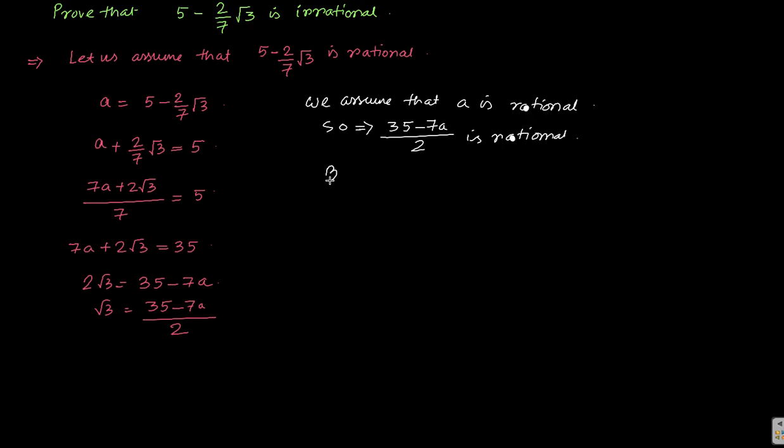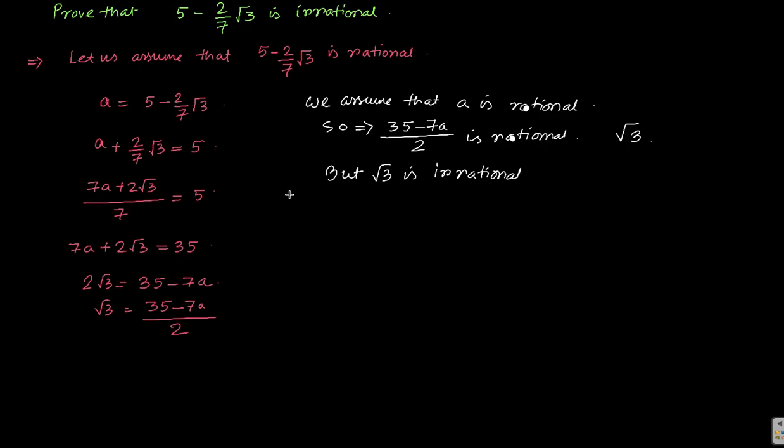but root 3 is irrational. We know any number inside the root which is not exactly a perfect square is irrational. Root 3, root 5, root 7, all these numbers are irrational numbers, so root 3 is an irrational number.